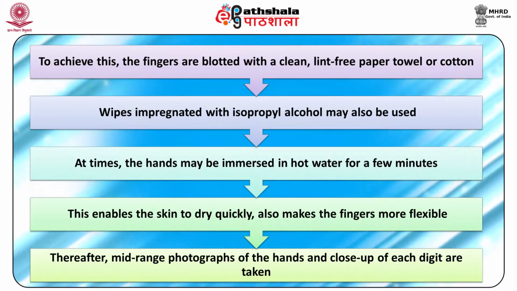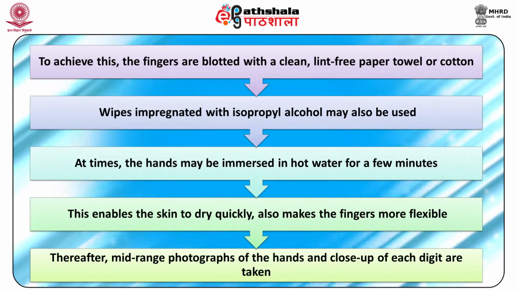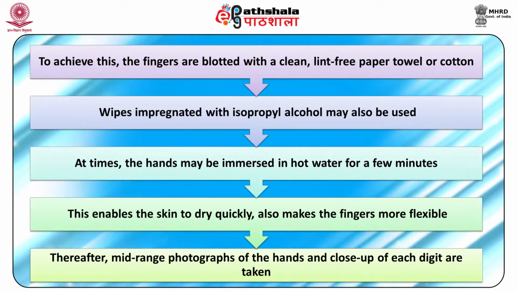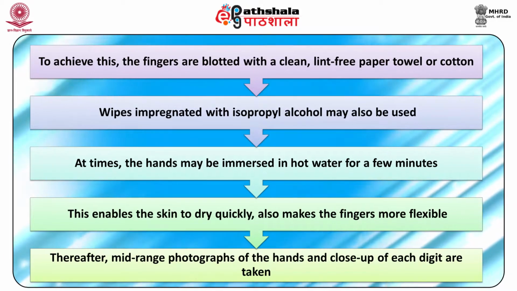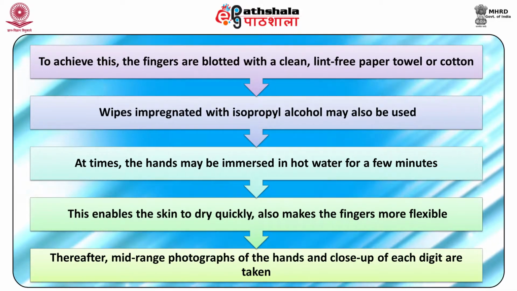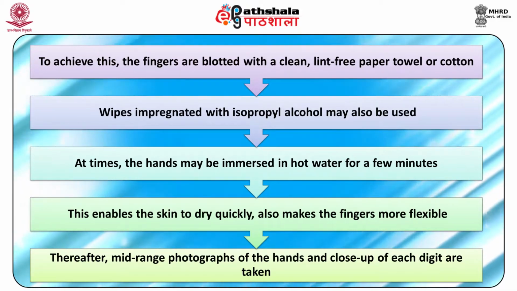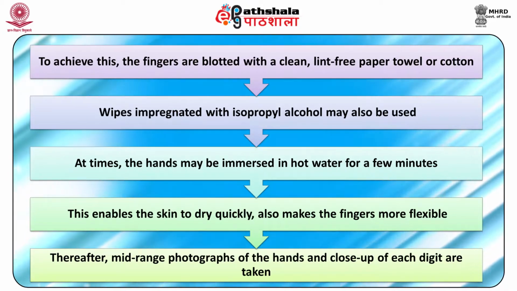To achieve this, the fingers are blotted with a clean, lint-free paper towel. Cotton wipes impregnated with isopropyl alcohol may also be used. At times, the hands may be immersed in hot water for a few minutes.